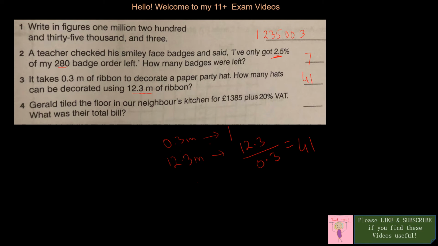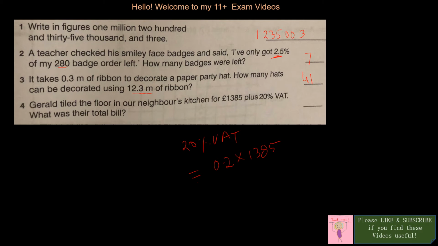The next one: Gerald tiled the floor in our neighbor's kitchen for 1385 plus 20% VAT. What was their total bill? Let's work out the 20% VAT. 20% VAT means 0.2, because 20 divided by 100, multiplied by the cost.